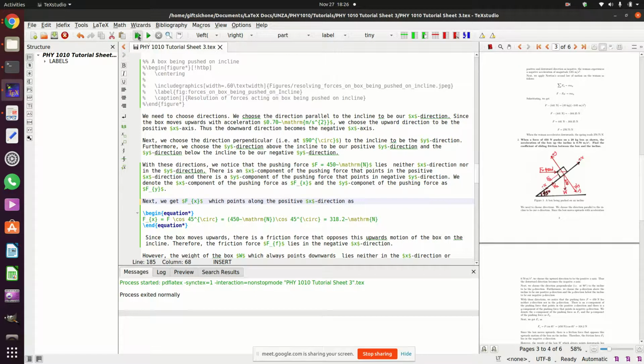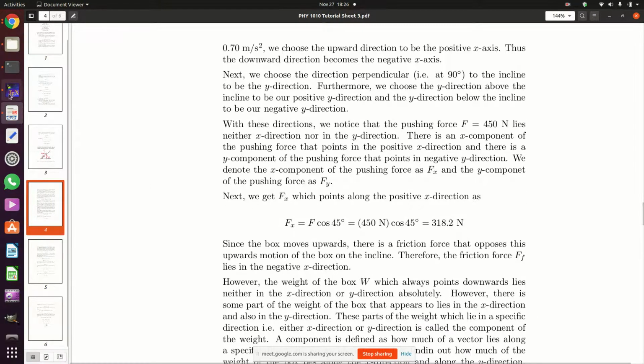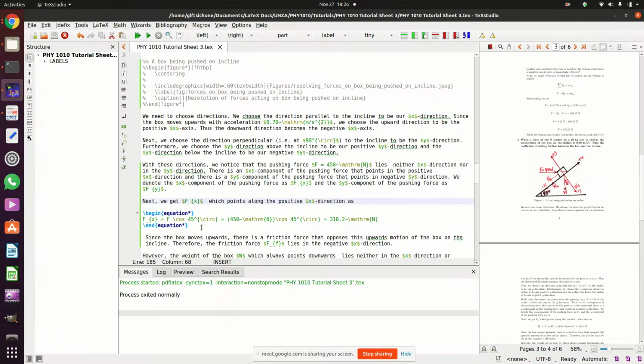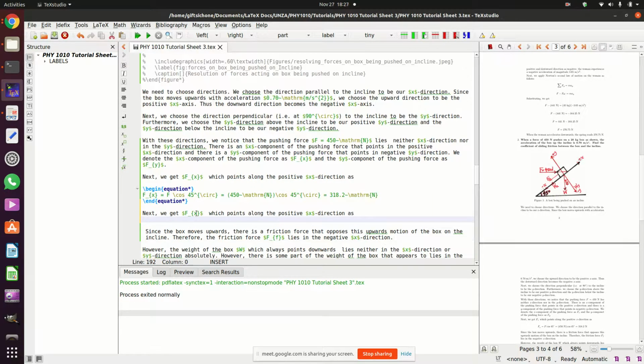Alright. So next we have to get Fy, which points along the negative y direction.